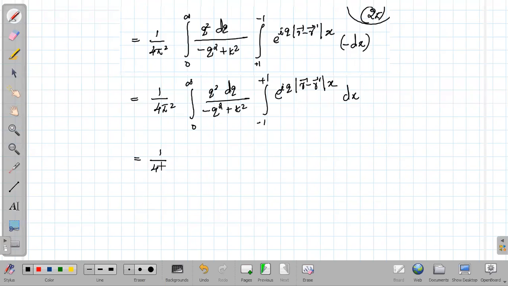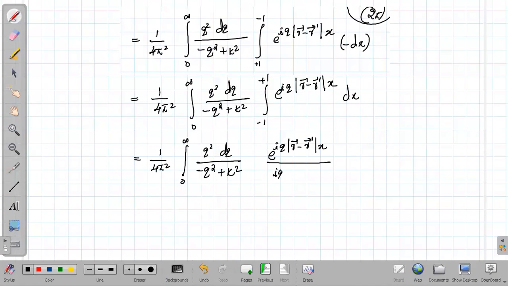So 1 upon 4 pi square, 0 to infinity, q square dq over minus q square plus k square. This becomes e raised to iq modulus of r minus r prime times x, divided by iq modulus of r minus r prime, and the limit is from minus 1 to plus 1.